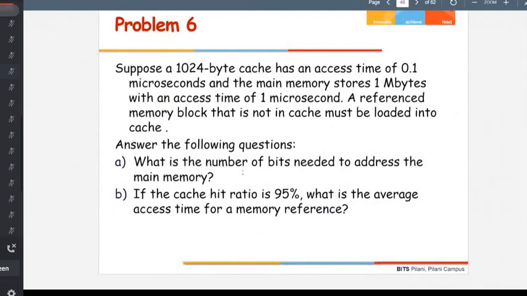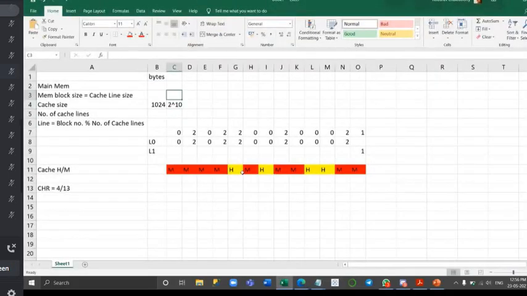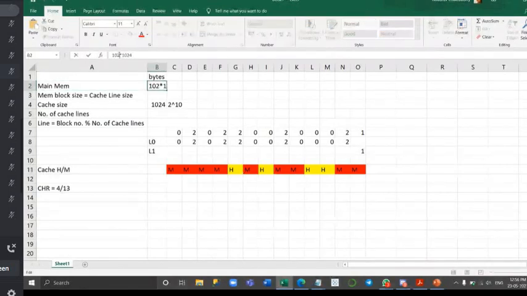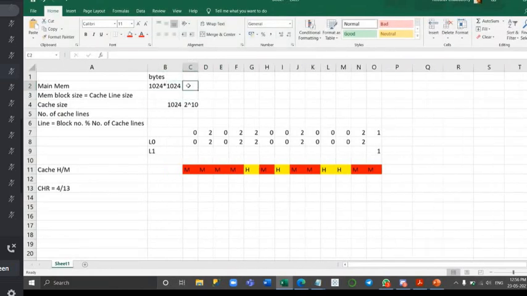And my main memory stores 1 megabyte, which is 1024 into 1024, so that becomes 2 to the power 20.